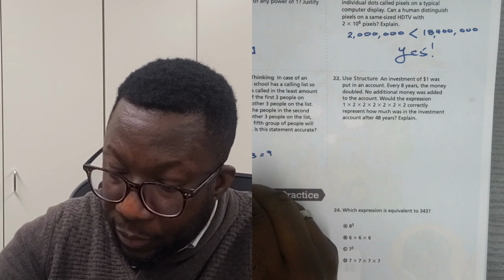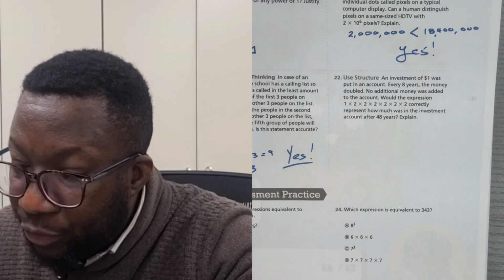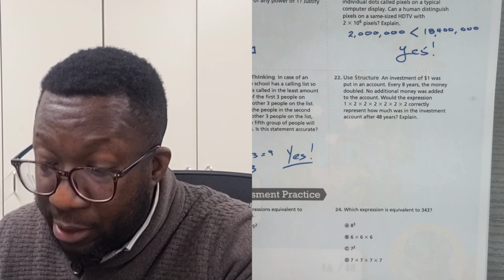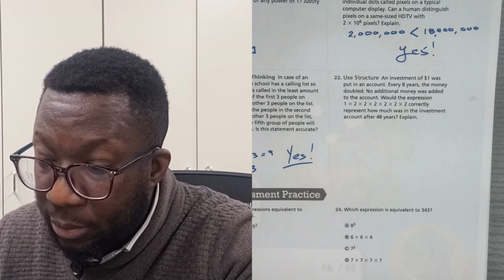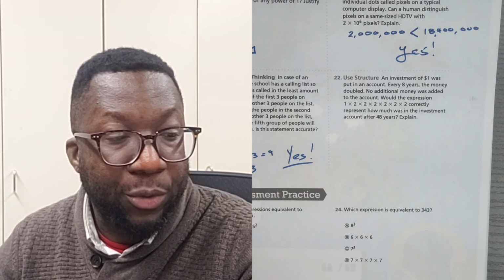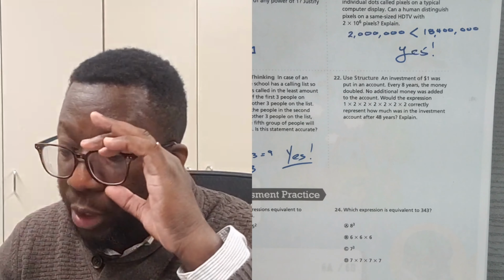Question number 22. An investment of $1 was put into an account. Every 8 years, the money is doubled. No additional money was added to the account. Would the expression 1 times 2 times 2 times 2 times 2 times 2 times 2 correctly represent how much was in the investment account after 48 years?